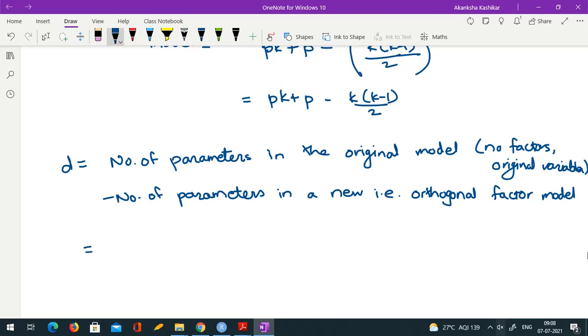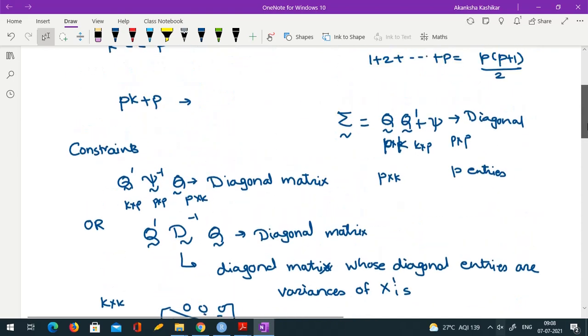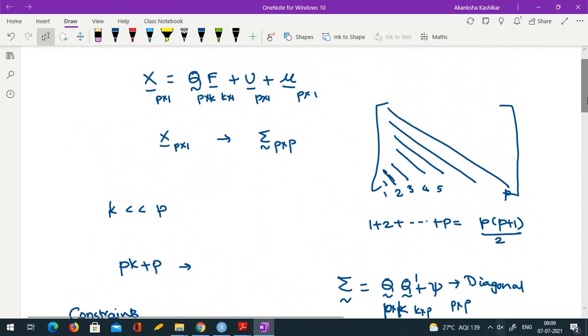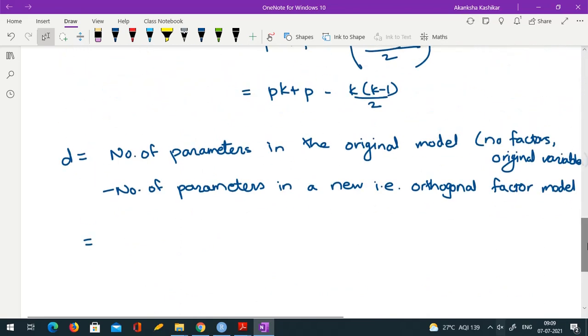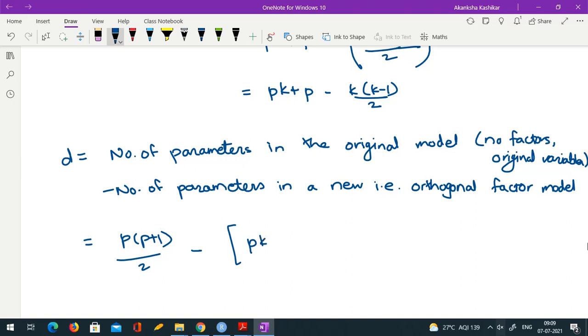In the original model we saw initially that I need to estimate sigma. When I estimate sigma, I am supposed to estimate p into p plus 1 by 2 parameters. This is the number of parameters in the original model. Minus, in the new model I have pk plus p minus k into k minus 1 by 2. This is coming from here.